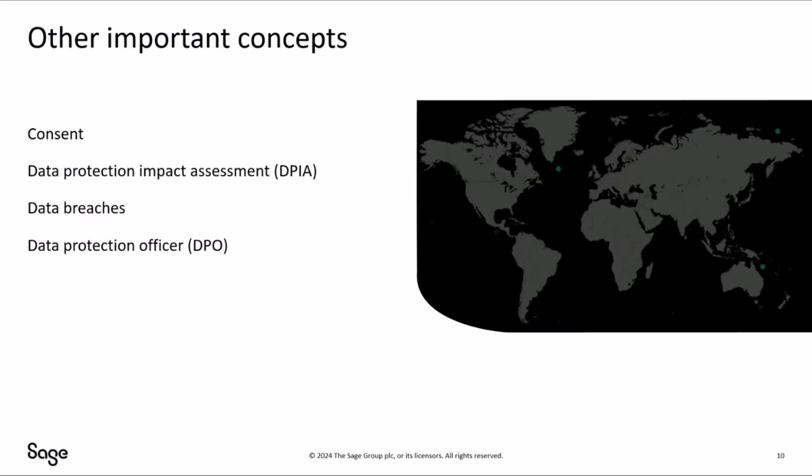organizations must notify supervisory authorities and individuals of certain data breaches. And that becomes the responsibility within an organization of the data protection officer. So again, depending on the size and the nature of your organization, organizations must appoint a DPO, a data protection officer.